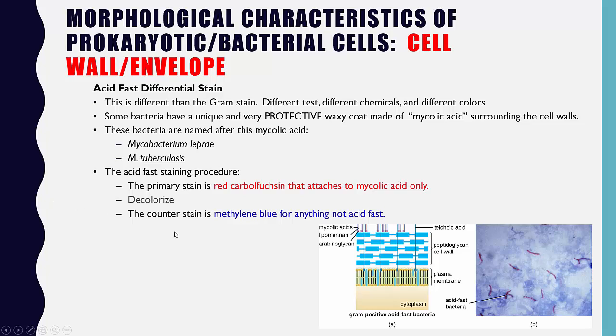In this case, they chose something called methylene blue so that you can see everything else. But those organisms that have mycolic acid in their outer envelope are going to be red with carbolfuchsin. So acid fast is red, non-acid fast is blue.